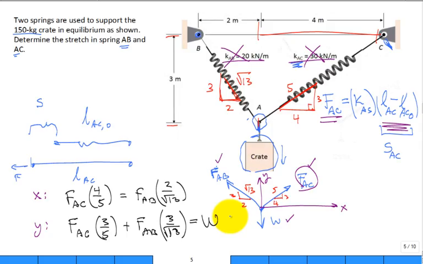Okay. How many unknowns are there in this problem? Force AC, force AB, the weight. We know the mass of the crate. We know these ratios. 2 equations, 2 unknowns.